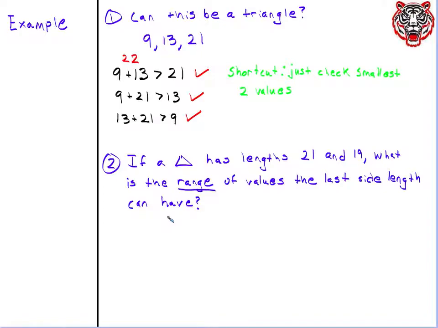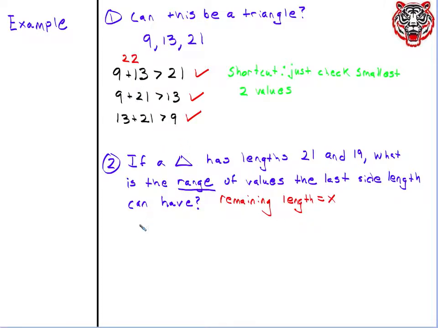Okay, so this one you can still apply the same theorem, but we don't know what that remaining length is. In fact, we should maybe call it a variable. Let's say the remaining length, I'll just call it x, just like we call everything else x, right? So apply the inequality theorem.